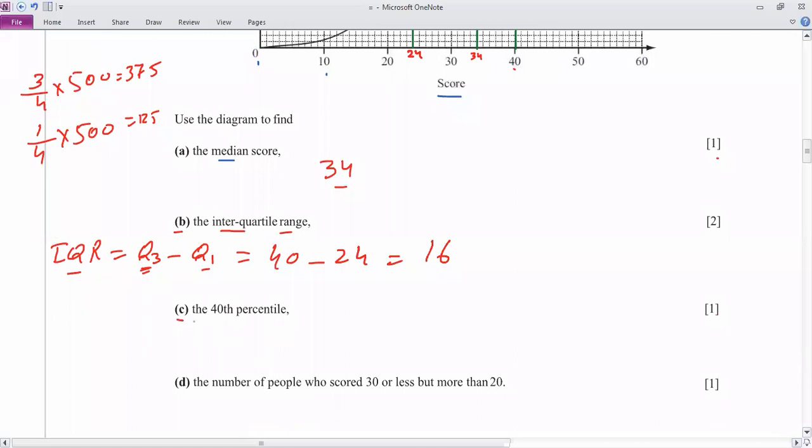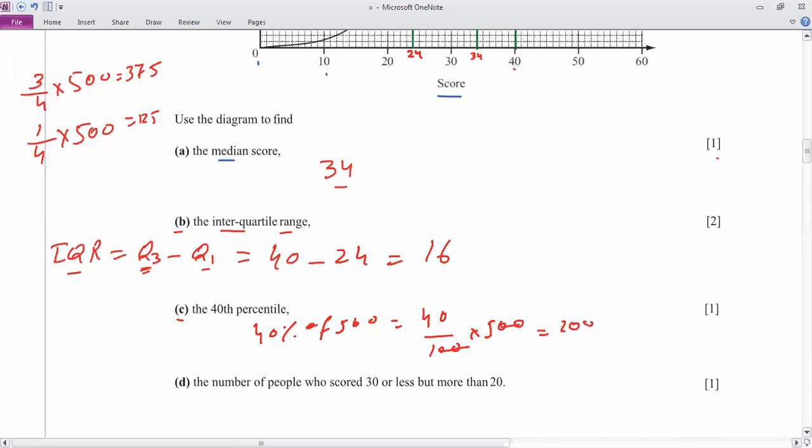And then in part C, the 40th percentile. The 40th percentile means 40% of 500, because percentile means percentage. So it is 40 over 100 times the last cumulative frequency of 500, which is 200.